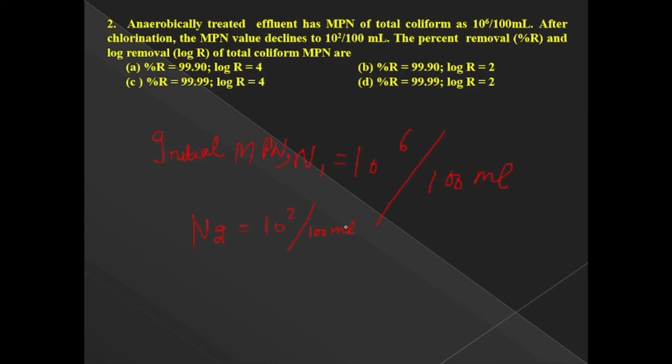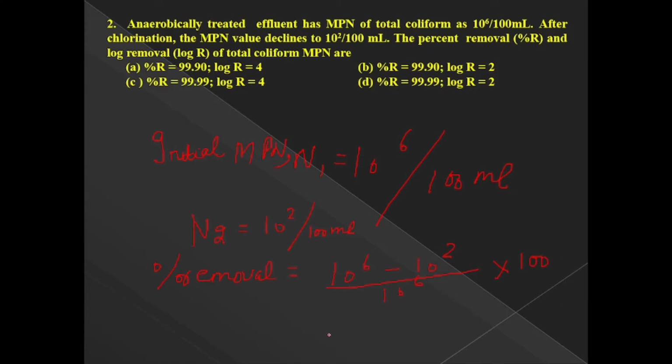Now you can easily calculate the percentage removal. Percentage removal is equal to (N1 minus N2) with respect to N1, that is (10 to the power 6 minus 10 to the power 2) divided by 10 to the power 6, multiplied by 100 to express it as a percentage.